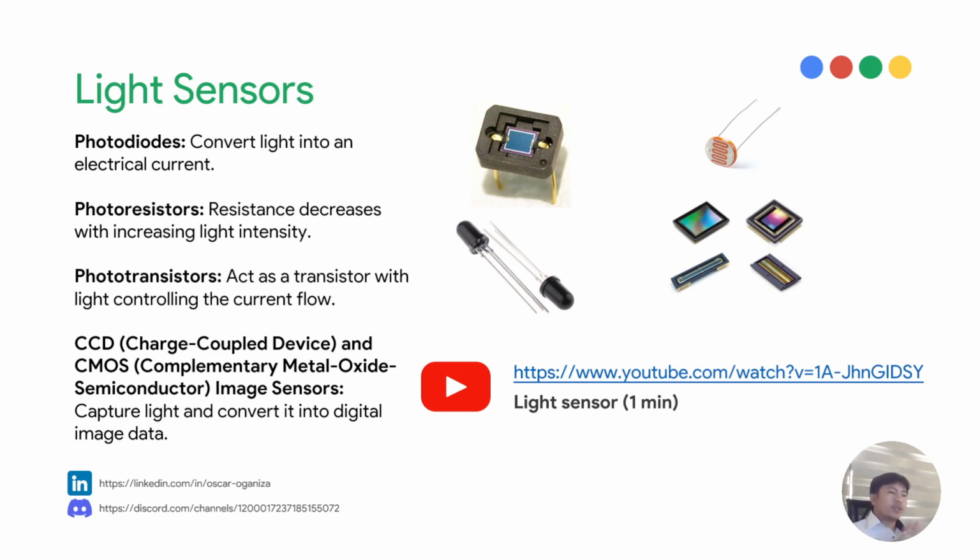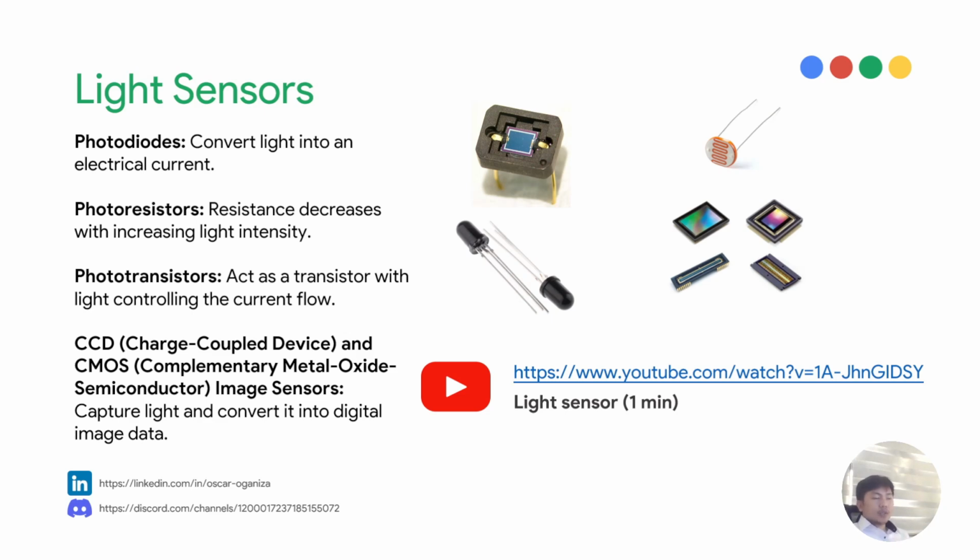So it controls the flow of current using light. The fourth one is the CCD, charge coupled device, and the CMOS image sensors. It captures light and converts it into digital image data.